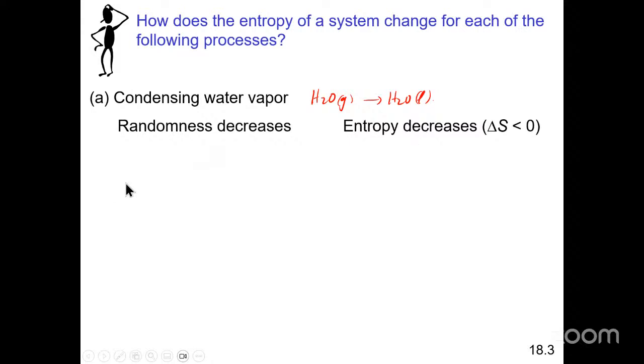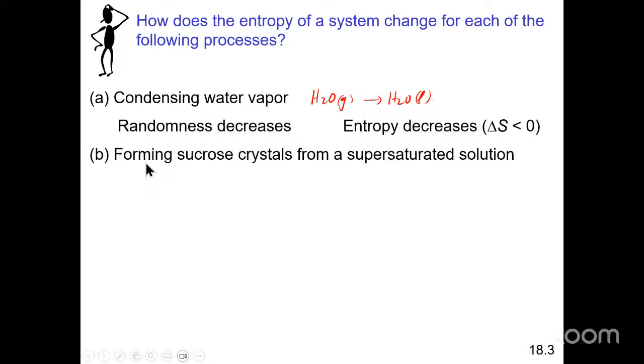All right, very good. What about forming sucrose crystals from a supersaturated solution? In the case of the formation of crystals, I won't write down the formula for sucrose. I'm just going to say you're going from an aqueous solution to solid. Increase.